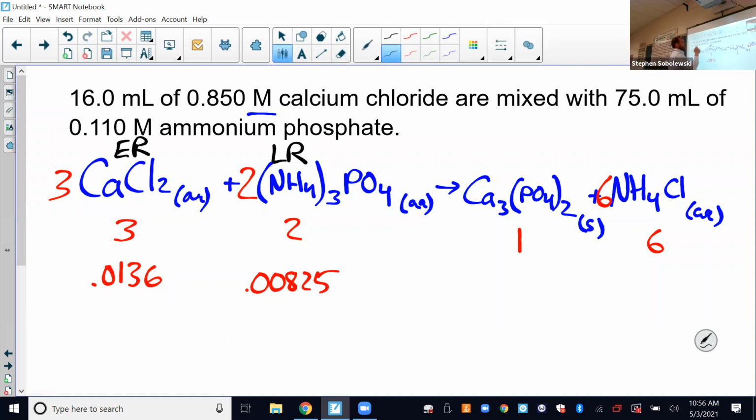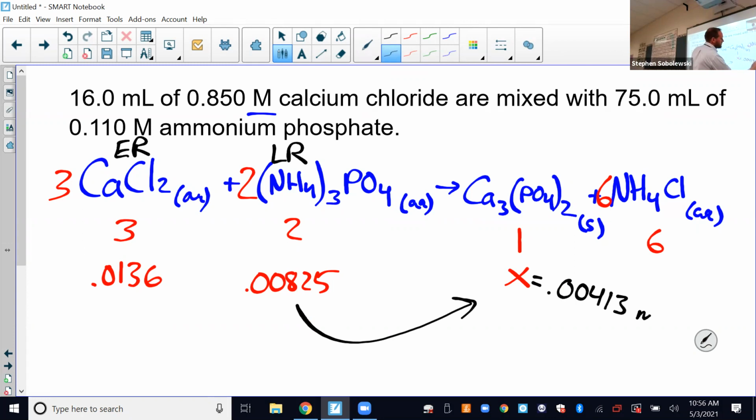All right, now we're looking for the mass of the precipitate, which is my solid product. So here's my X. I'm going to go from my limiting to my X, apply a 2 to 1 ratio. 0.00825 divided by 2 is 0.00413 moles of calcium phosphate. Now we have to do a mole to gram conversion.